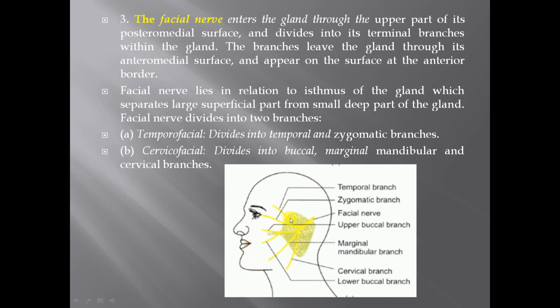The facial nerve lies in relation to the isthmus, which separates the superficial part and the deep part. The superficial part consists of the temporofacial, the deep part consists of the cervicofacial. The temporofacial divides into the temporal branch and the zygomatic branch, while the cervicofacial divides into the buccal, the marginal mandibular and the cervical branch.